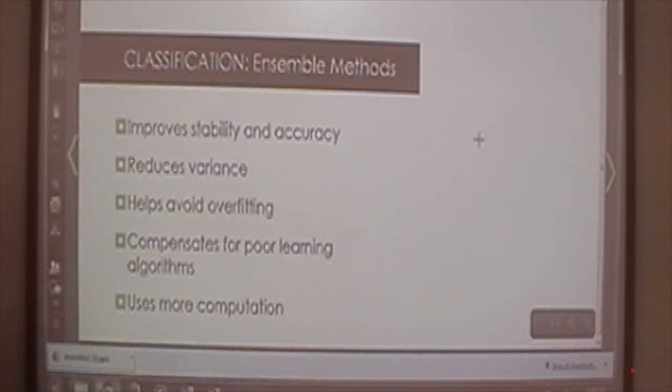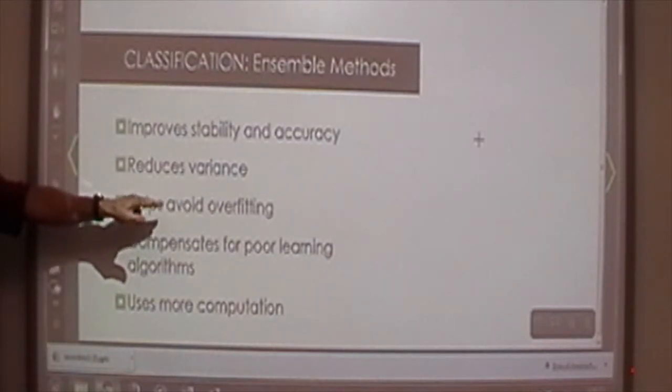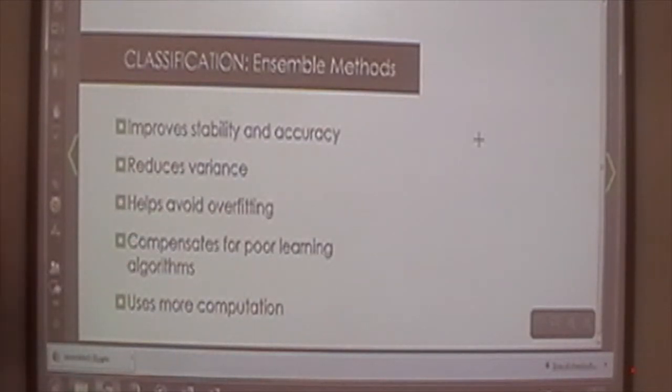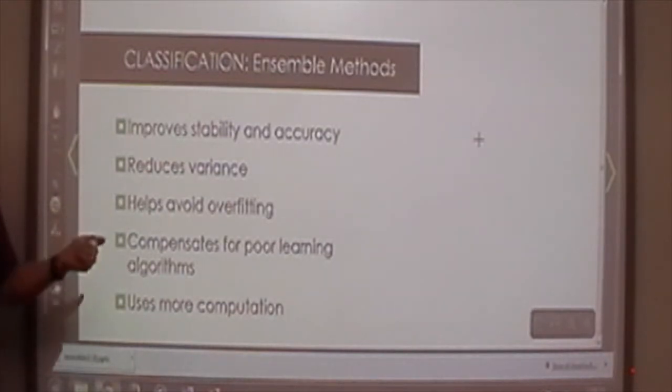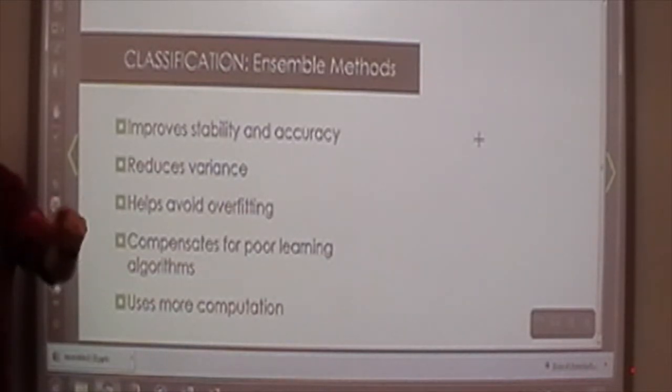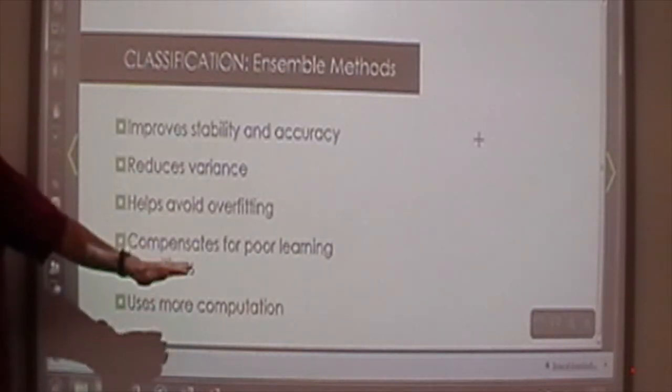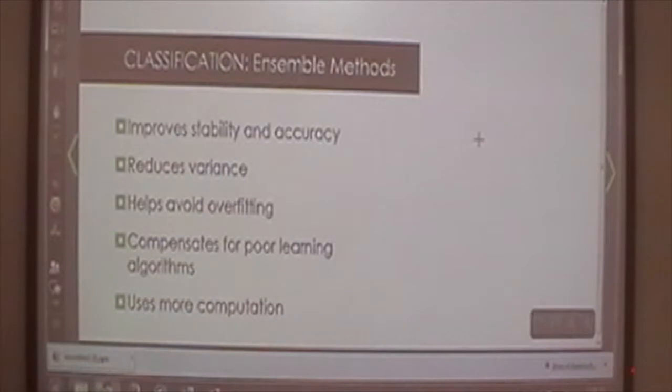And so the same kind of principle applies to ensemble methods. Ensemble methods we can use to help avoid overfitting. And in general, compensate for poor learning algorithms. So even if your algorithm is not that strong to begin with, we can make it strong through some sort of averaging or other ensemble methods. Averaging is one, but there are many other ideas there.